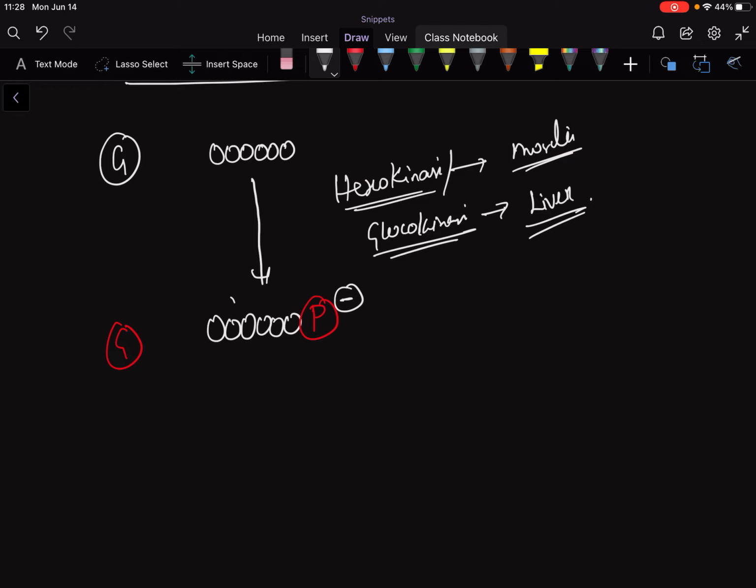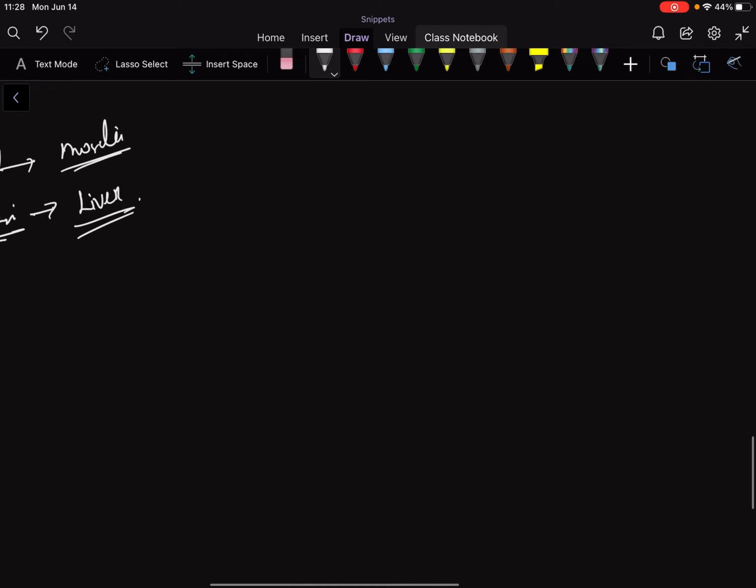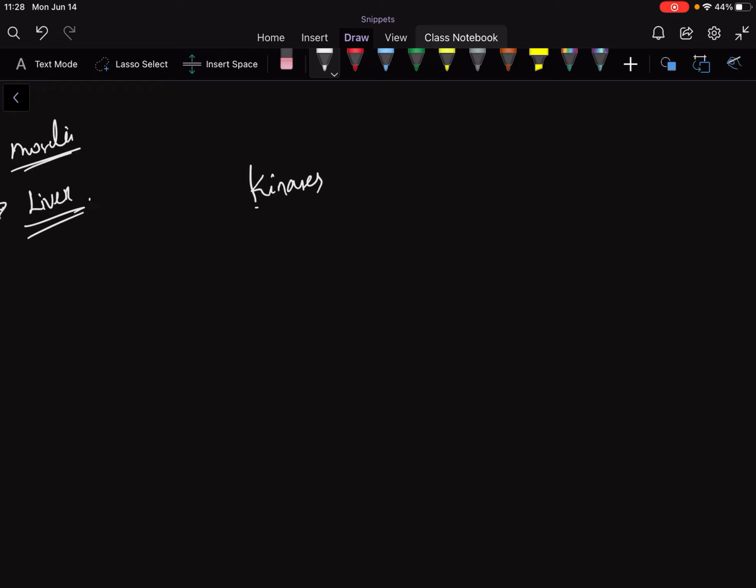So what is the function of these kinases? What is meant by kinases? Suppose imagine this is a guy. The function of this guy is to put one phosphate. Suppose he is holding a phosphate with this hand, and this is a car.